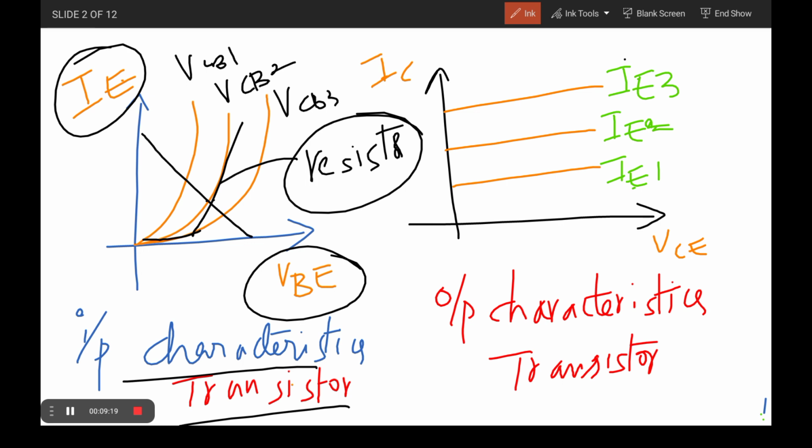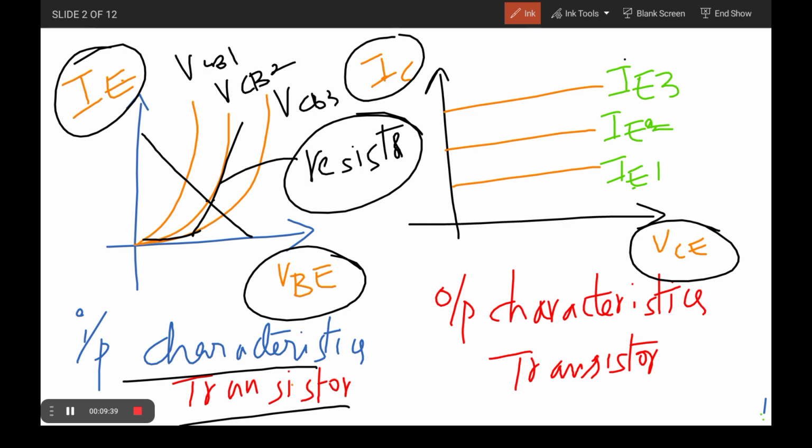On the output side, the collector current and VCB are the variables, so the graph is collector current versus collector base voltage. This represents the output characteristics.